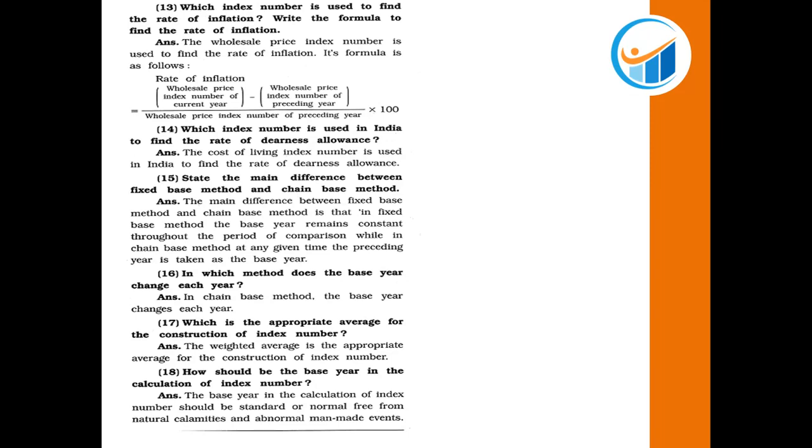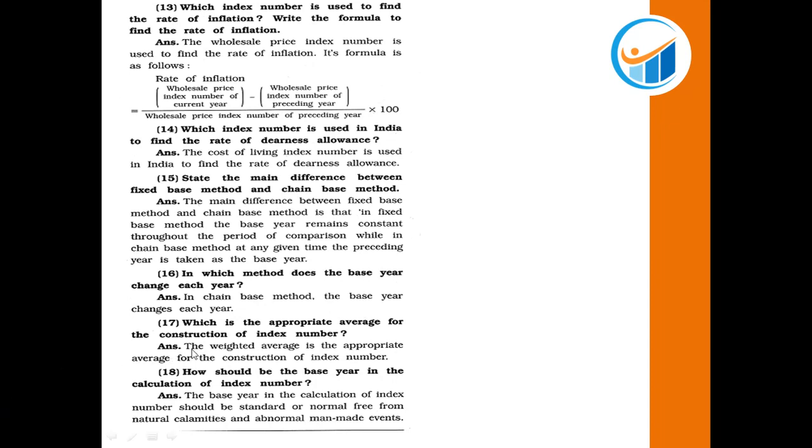Then in section C, a 2-mark theory question may be asked. Then in section D, another question of 3 marks will be asked, and in section F one long sum of 5 marks will be asked.